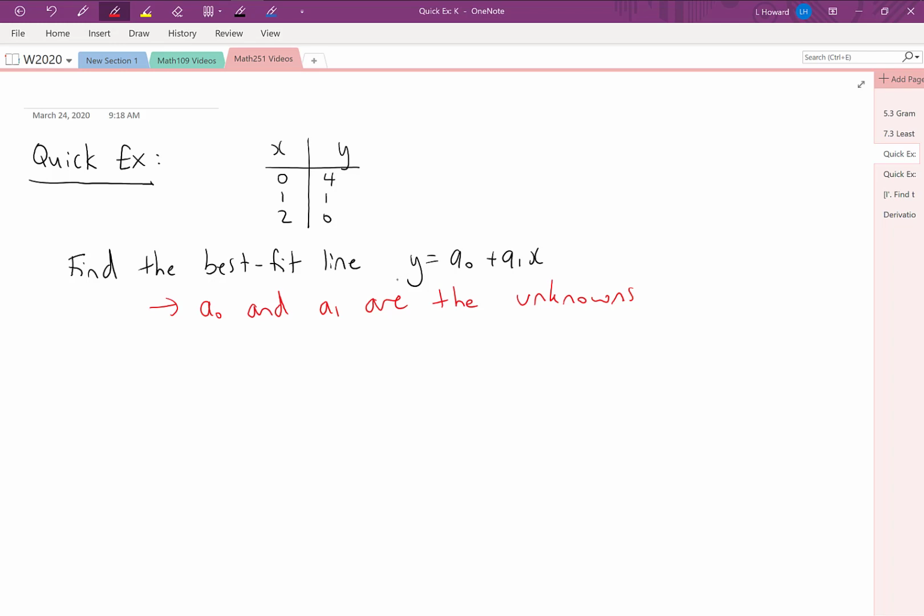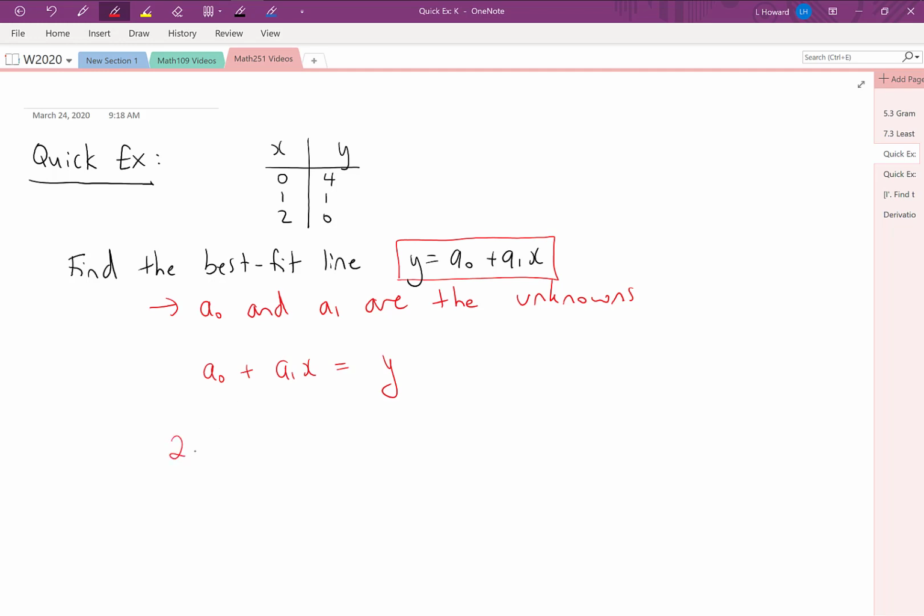That means that we're going to take this equation and write it slightly differently. First of all, we're used to seeing variables on the left side of the equation. So we'd write a0 plus a1x equals y, just to get the variables on the left side. The other thing is we usually write a coefficient before our variables.